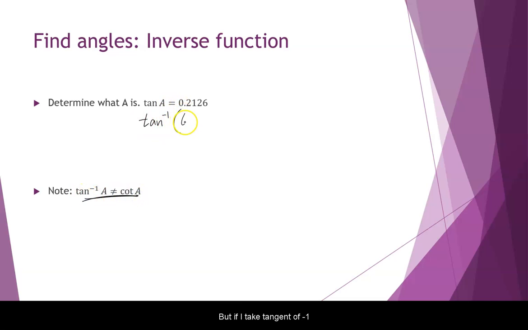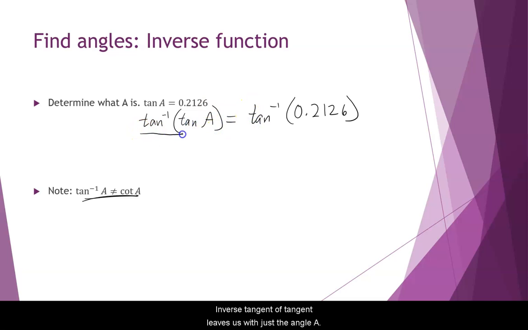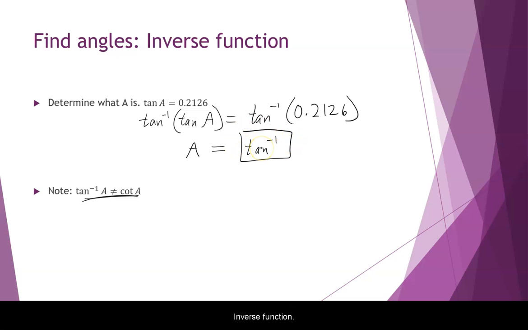But if I take inverse tangent of both sides, inverse tangent of tangent leaves us with just the angle A. If we were looking at this on a circle, we might have to be a little careful about the domain, but for now, inverse tangent of angle A just equals angle A. And then the inverse tangent of this number, this is something we can plug into our calculators. You should have a button on your calculator that has this inverse function.